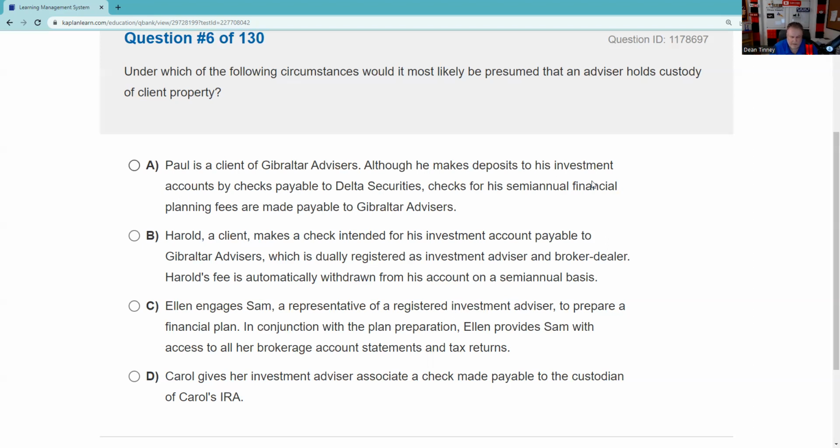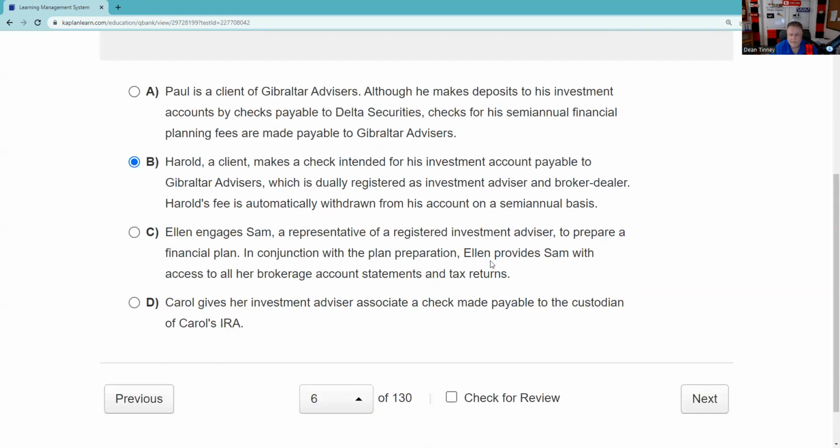Ellen engages Sam, a representative of a registered investment advisor, to prepare a financial plan. In conjunction with the plan preparation, Ellen provides Sam with access to her brokerage account. Again, it looks like the brokerage account has custody. Carol gives her investment advisor associate a check made payable to the custodian. Given this answer set, I think B is our best answer, right? Where there's a relationship, this is typically going to be custody. So I'm going to say B.